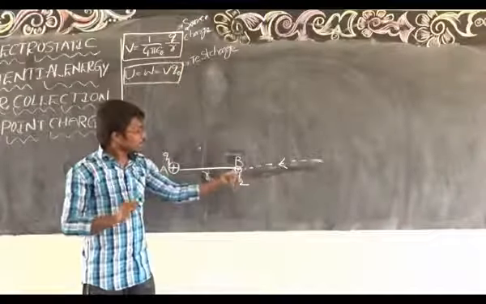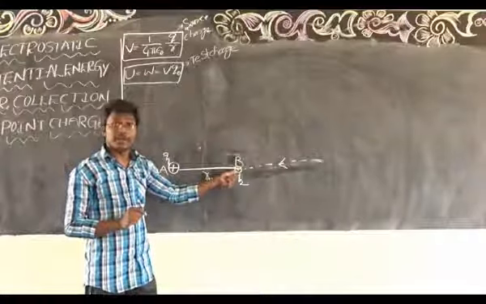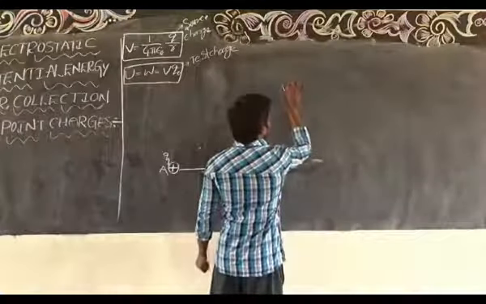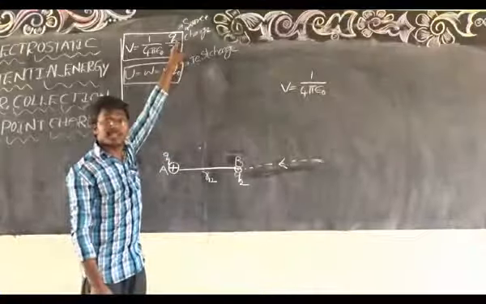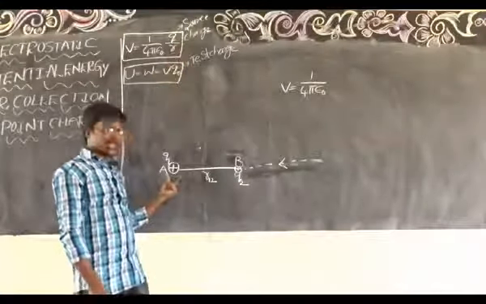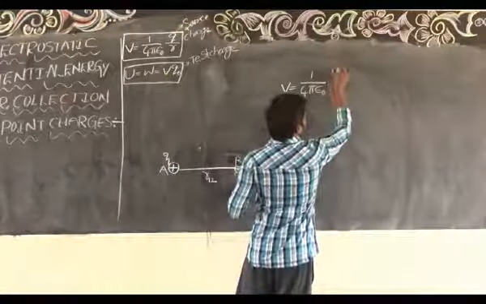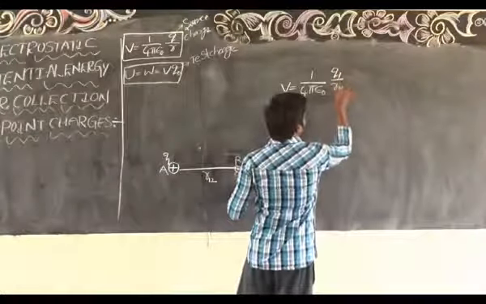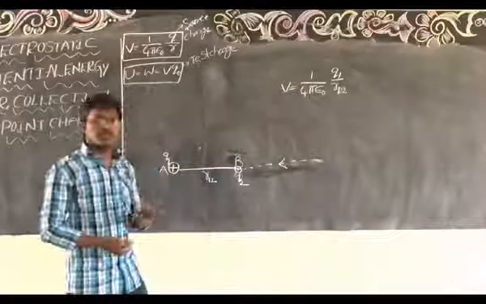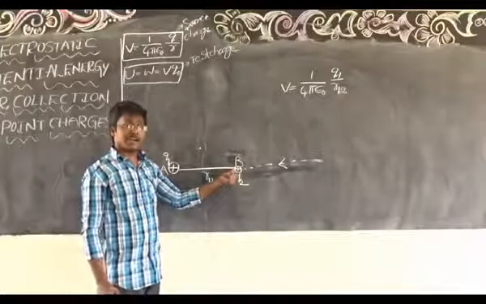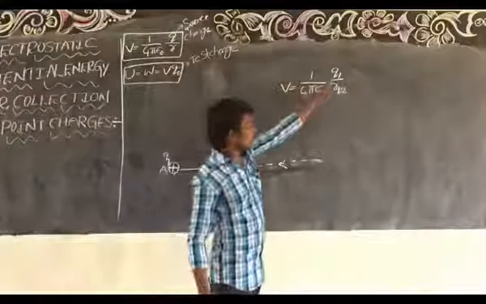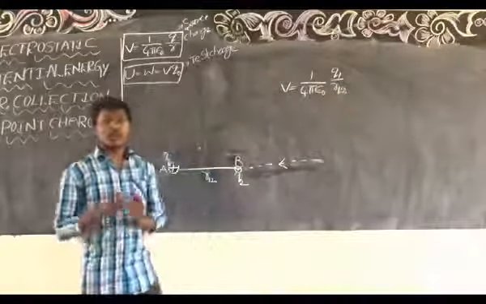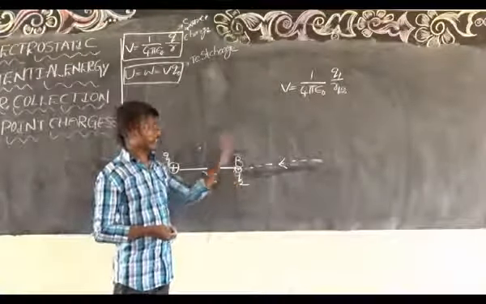Here the source charge is Q1, so V is equal to 1 by 4 pi epsilon naught into Q1 by R12. That is the electrostatic potential at point B due to Q1.